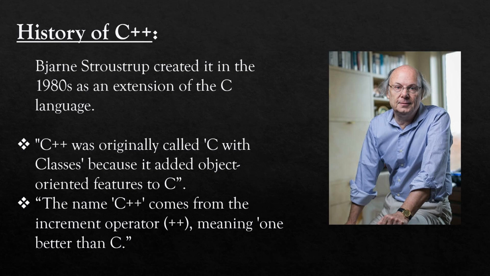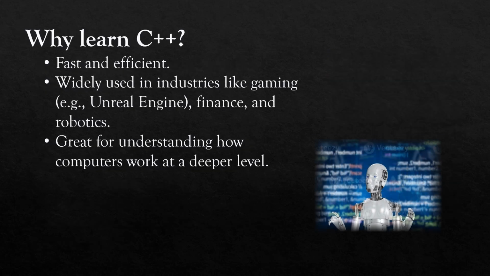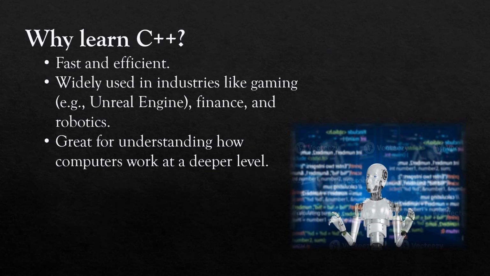C++ is packed with features that make it a powerful and versatile language. Here are some of the most important ones. Object-oriented programming, or OOP. C++ supports OOP, which allows you to organize your code into objects and classes.